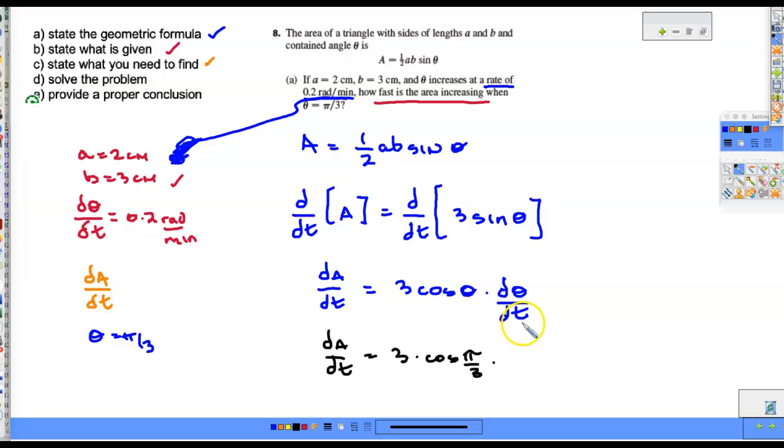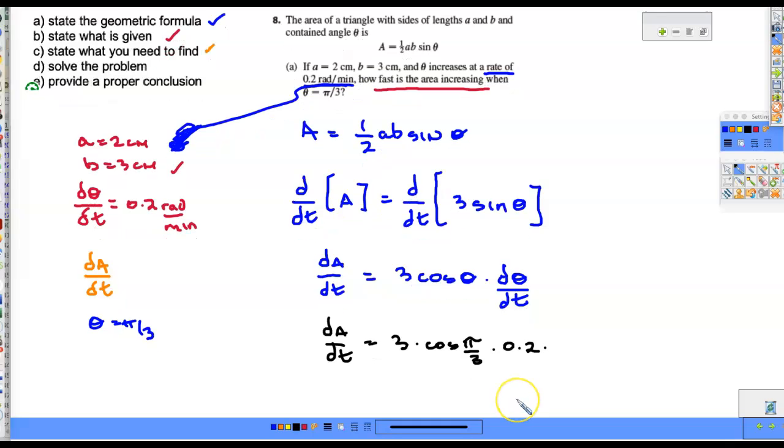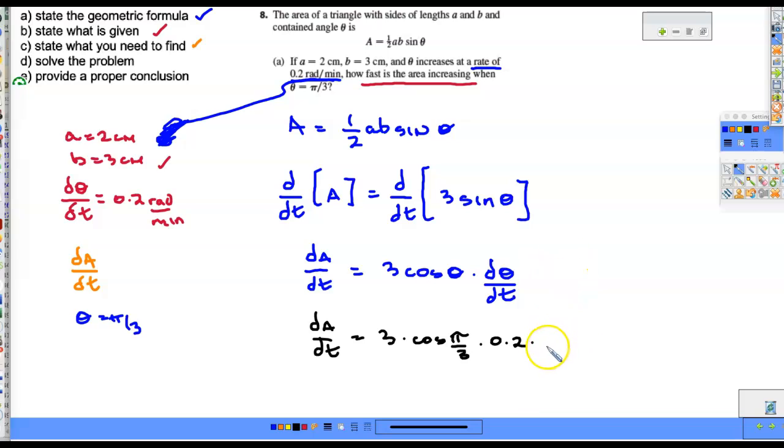Because it was increasing, notice that that value is positive, 0.2. Our units are going to slightly change, and the reason why is because we're talking about area. What is cosine of pi thirds? You're going to get 1/2 times 0.2. And when you do that calculation, this simplifies down to 0.3.